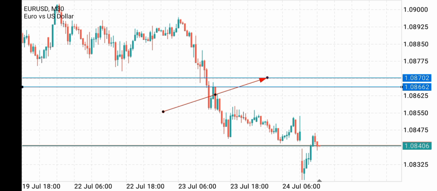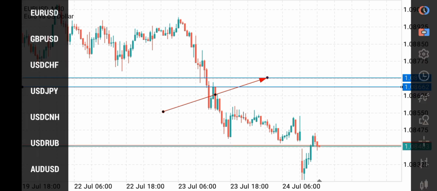So if you press 702 minus 662, the value you will get is the value of pips that euro USD actually moved downwards. So I'll be going to another currency pair.